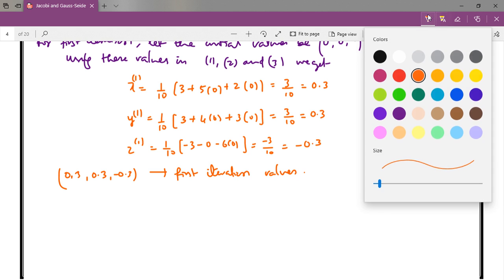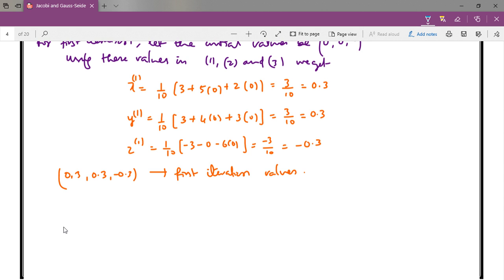Okay, so now for the second iteration, use these values in equation 1, 2 and 3 to get the second iteration.